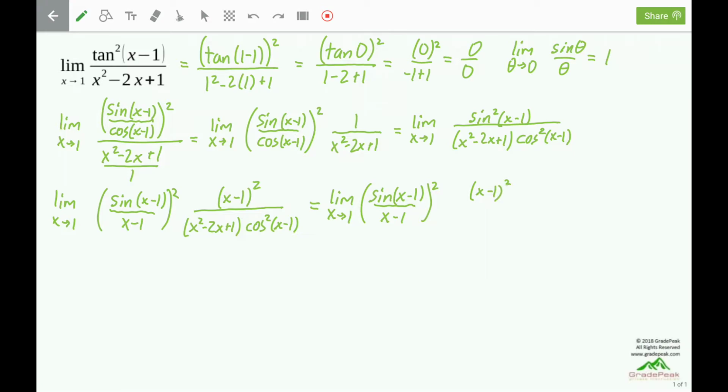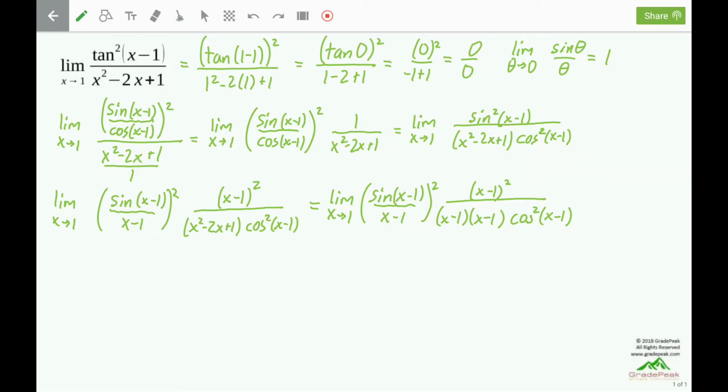And the numerator of the other fraction we're going to leave alone because it's technically already factored. And now we're going to factor the denominator, a trinomial quadratic. We need two numbers that multiply to be a positive 1 and add to be a negative 2. I believe minus 1 and minus 1 will take care of that. And then we also have this cosine squared of (x minus 1).